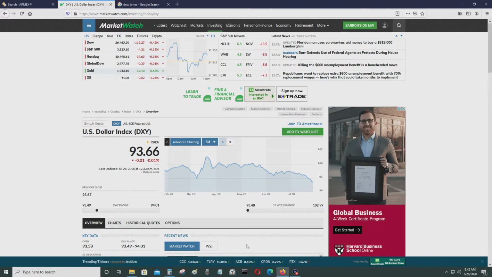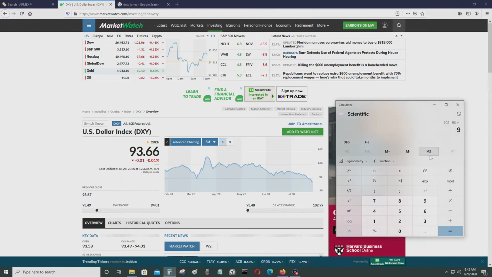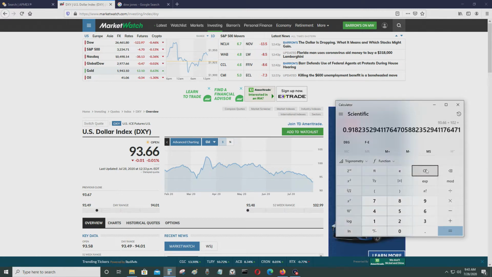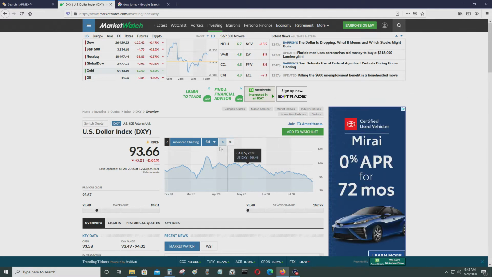In the past 4 months, roughly about 8.2%, the dollar index has dropped.